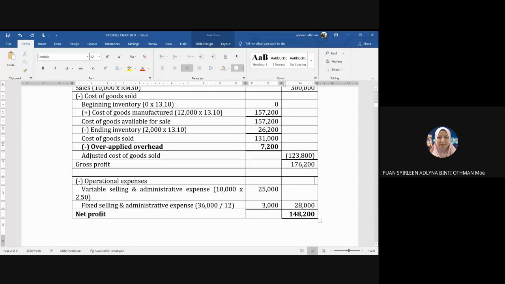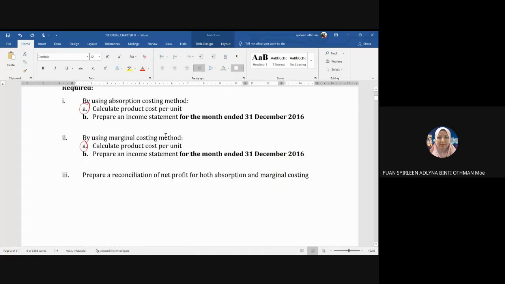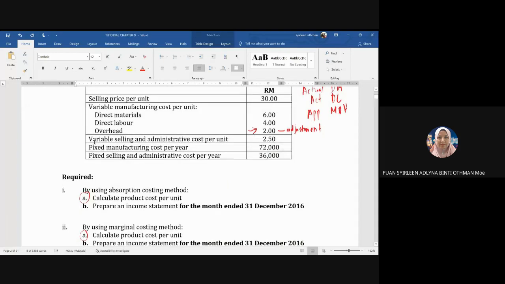Okay, untuk operational expenses, kamu kena faham variable selling and admin expense ni, kalau kamu tengok dalam soalan, dia dah bagi variable selling and admin expense ni, RM2.50 ni, adalah perbelanjaan yang berlaku semasa selling. So dia punya cost driver bukan unit produce, dia punya cost driver ialah unit sold.